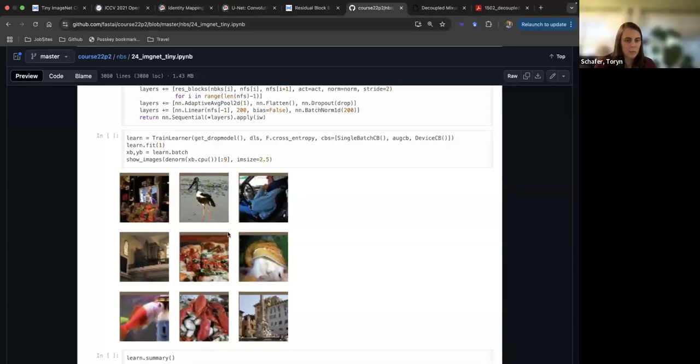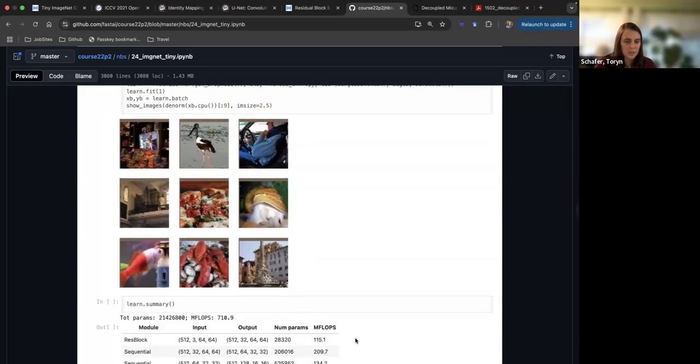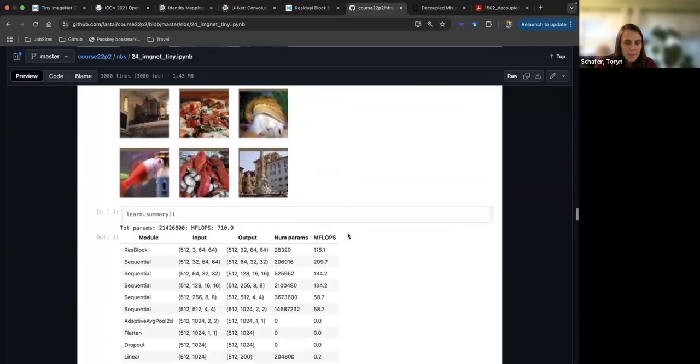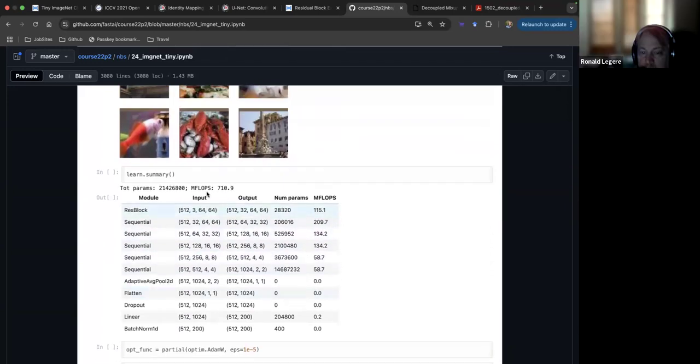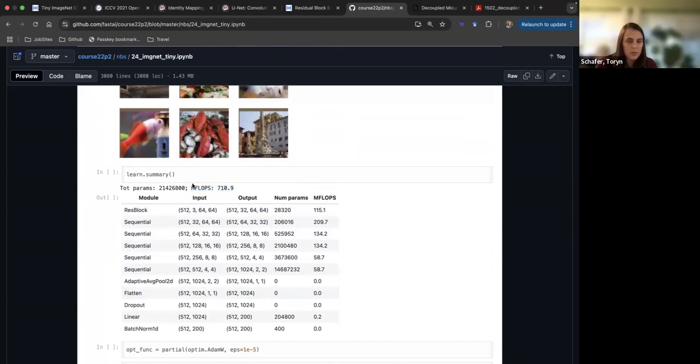Here we have like a stork or something, a mollusk fish. Okay, but now we have more megaflops. This is about twice, this number was about twice the other model.